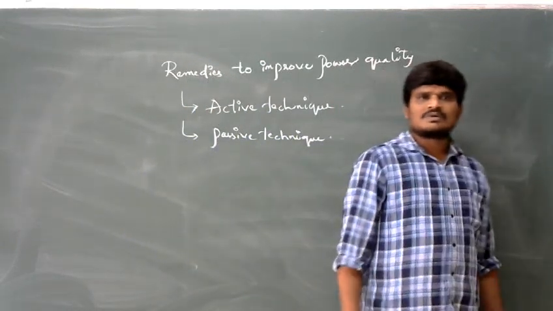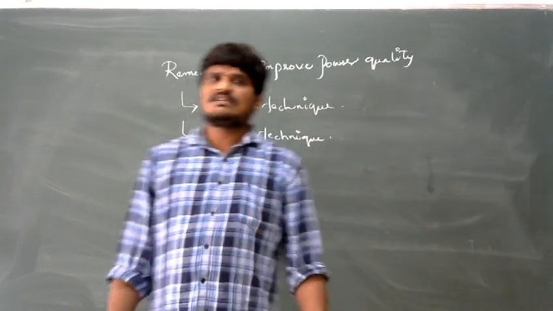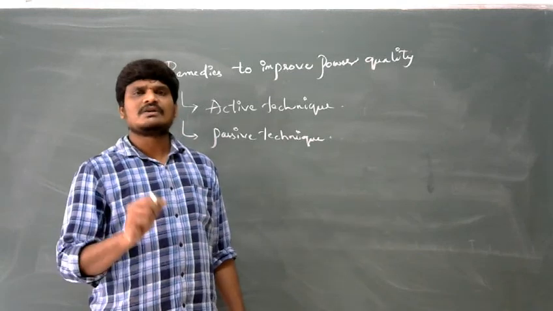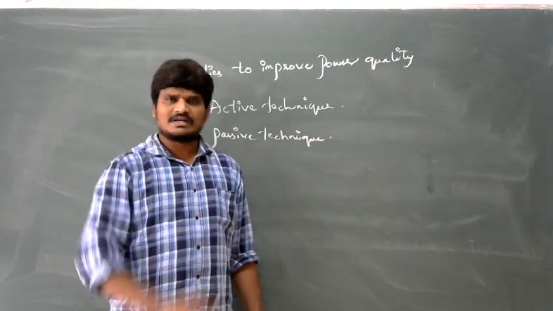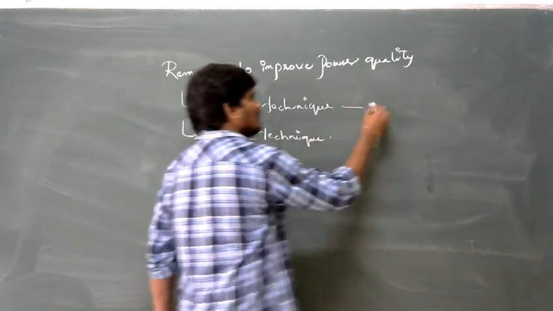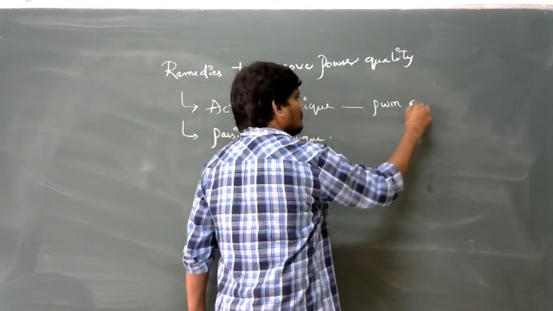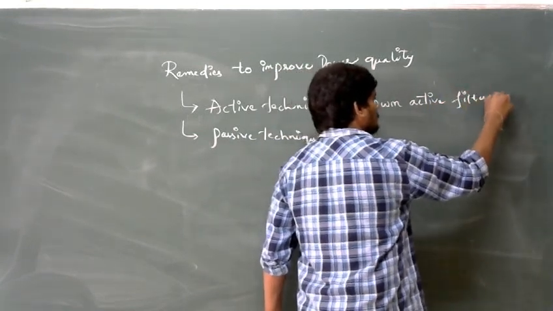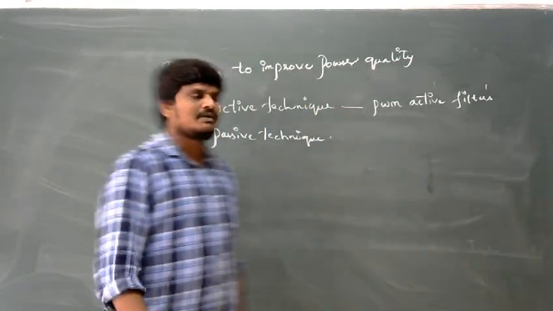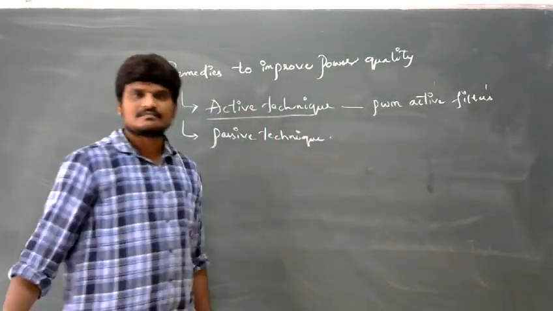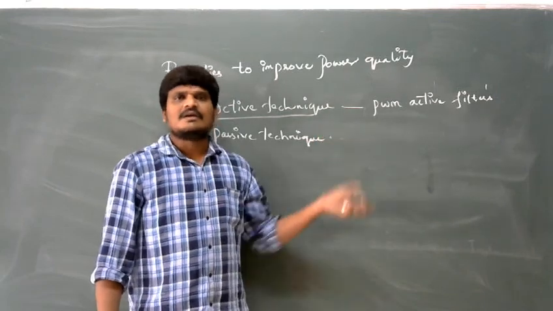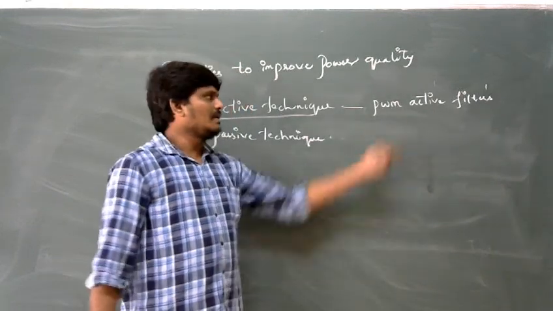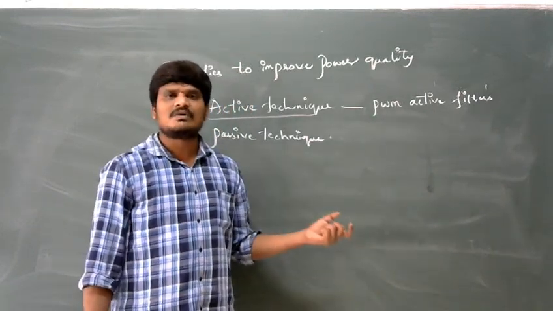In a system, if we want to improve the power quality by introducing an active technique to mitigate the power quality problems, we need to use PWM active filters, that is, pulse width modulation active filters.